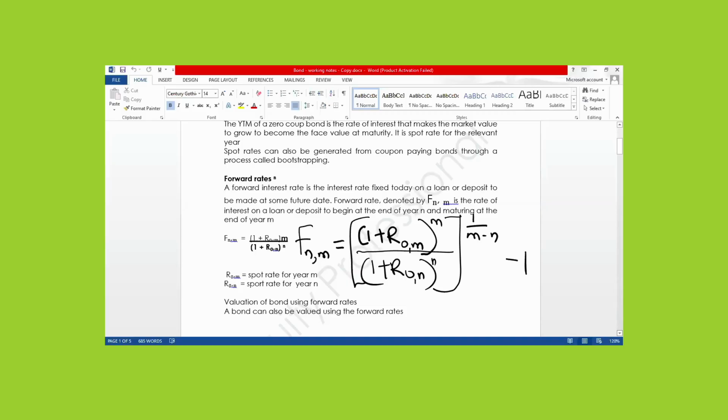Assuming our company has to borrow money in 1 year's time, for a period of 4 years.